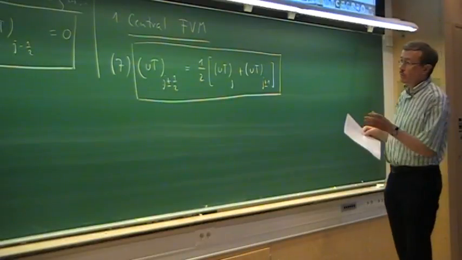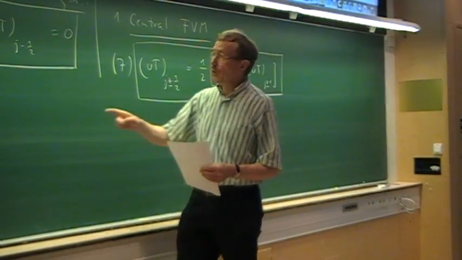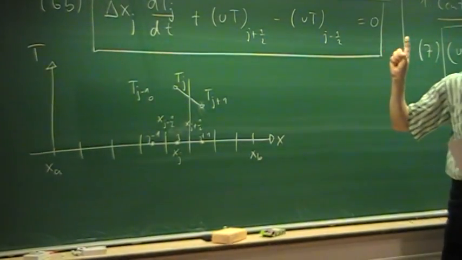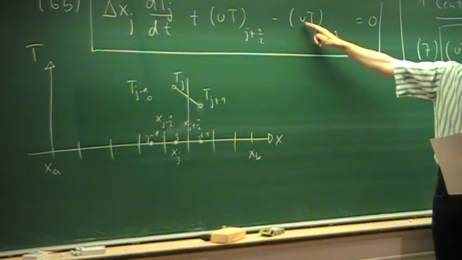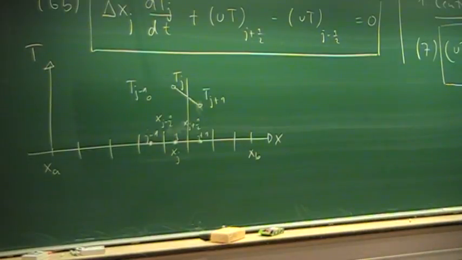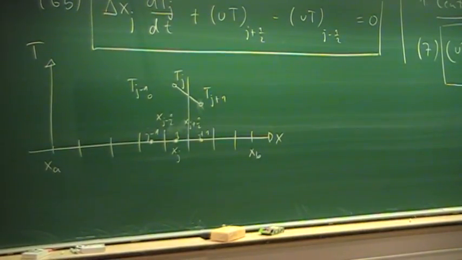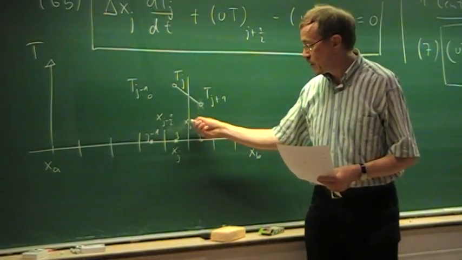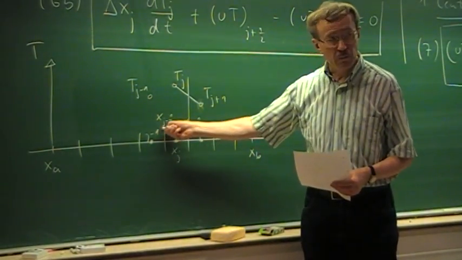Because when you compute the fluxes, you compute them once. If you compute them for each of these flux balances, for each cell, you compute them twice. You compute them each time for the flux for the eastern and the western.